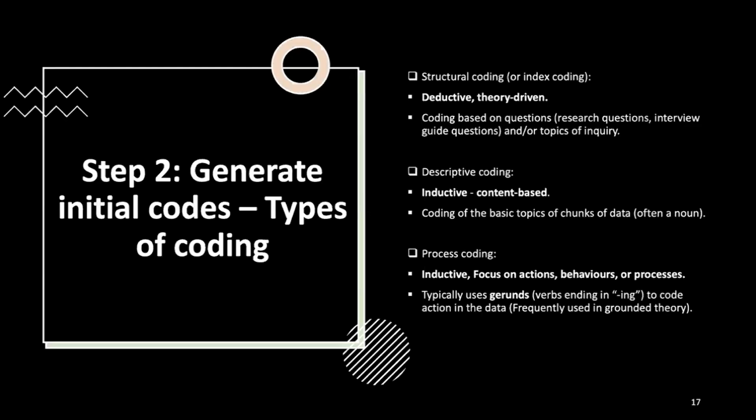So there are three approaches or three types of coding your data. Number 1 is structural coding, which is also known as index coding. This type of coding is deductive and is theory driven.